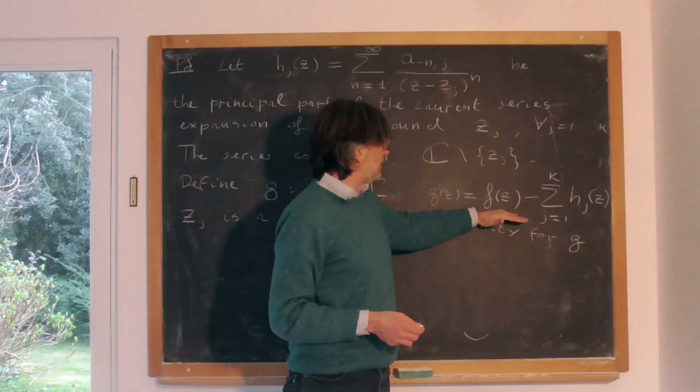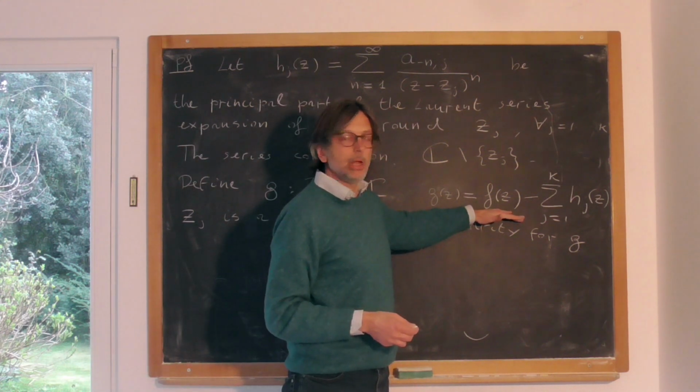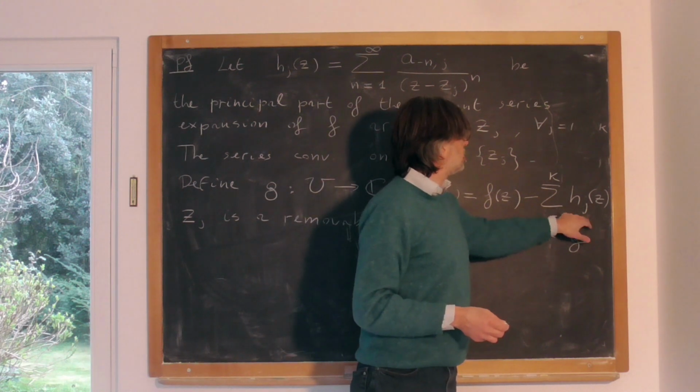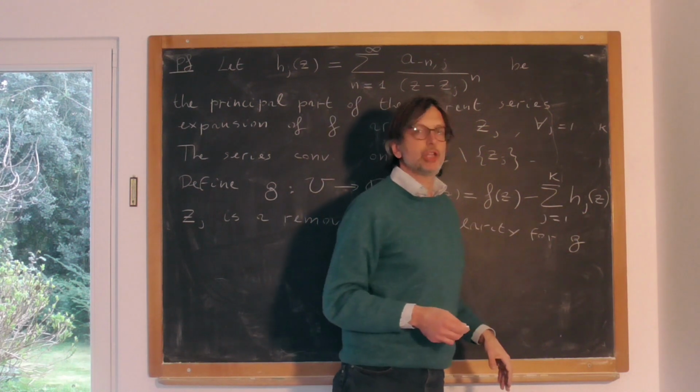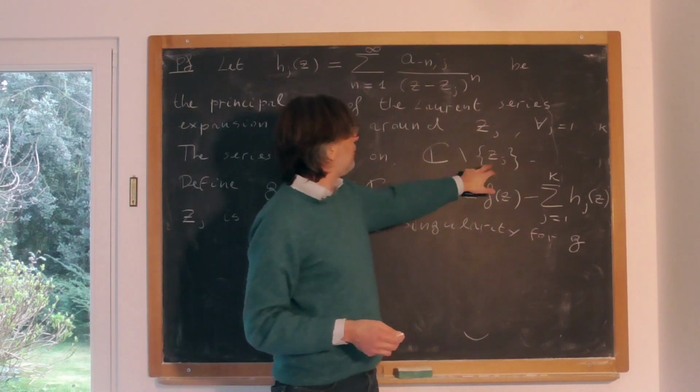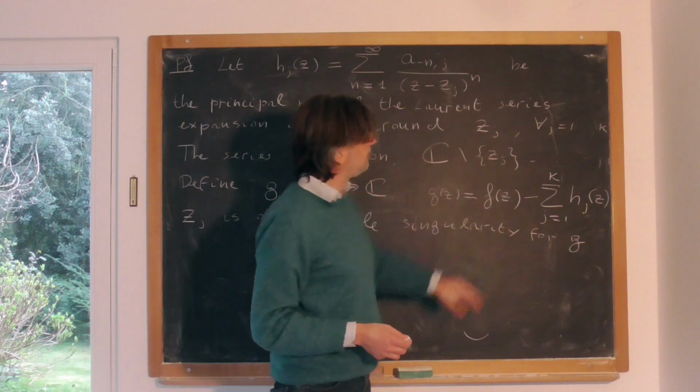We will get the regular part from here, and then we get also all the other Hi with i different from j, and these are nice holomorphic functions far from Zj.